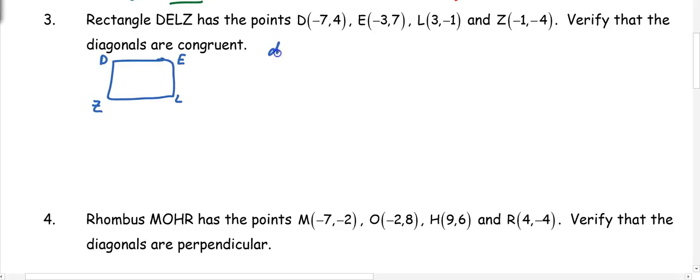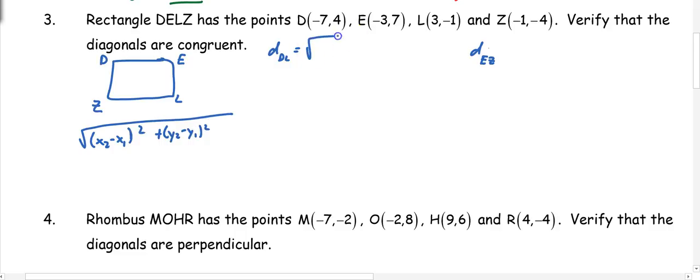So we need the distance of DL, and we need the distance of EZ, and we need to make sure that they're the same. So remember that the distance formula is x2 minus x1 squared plus y2 minus y1 squared.